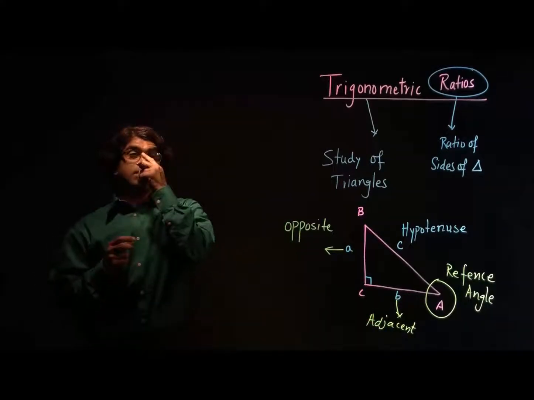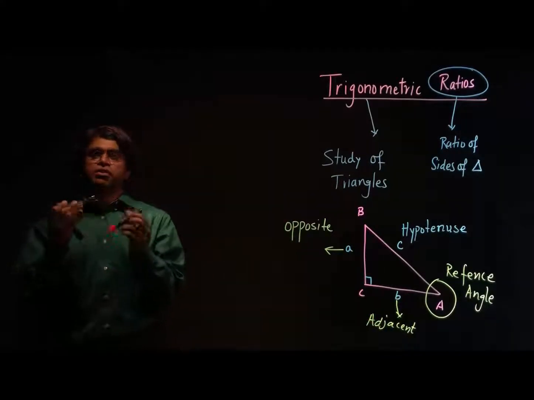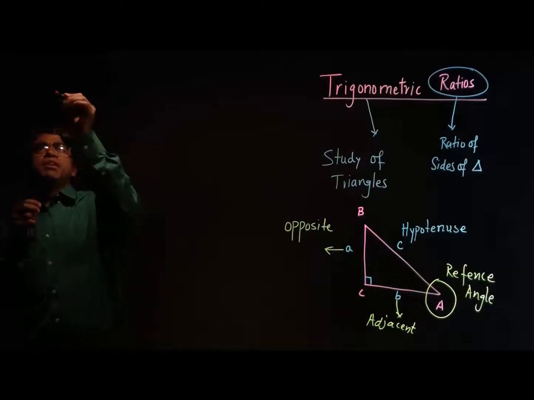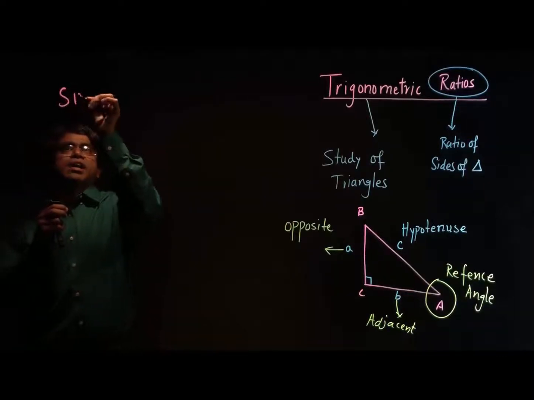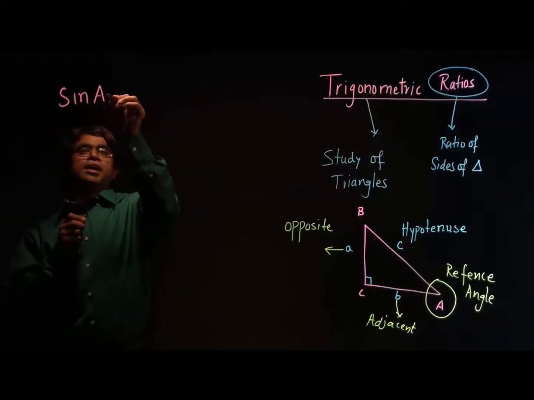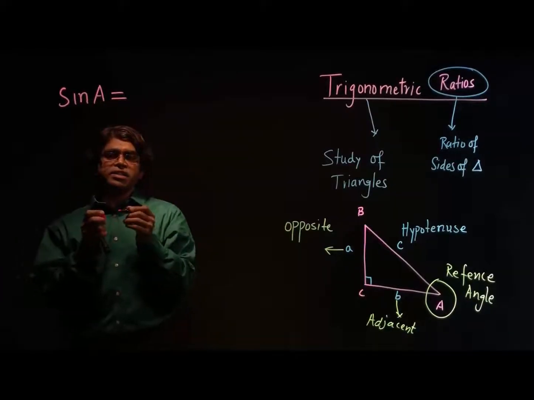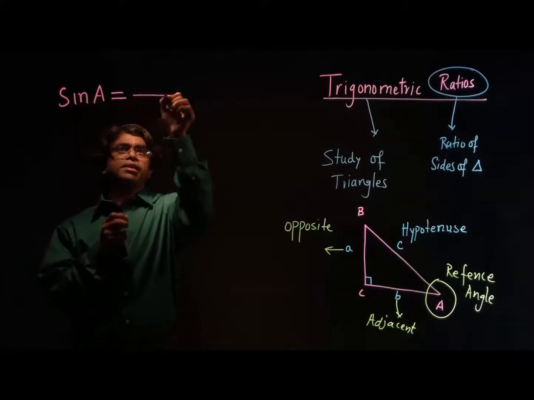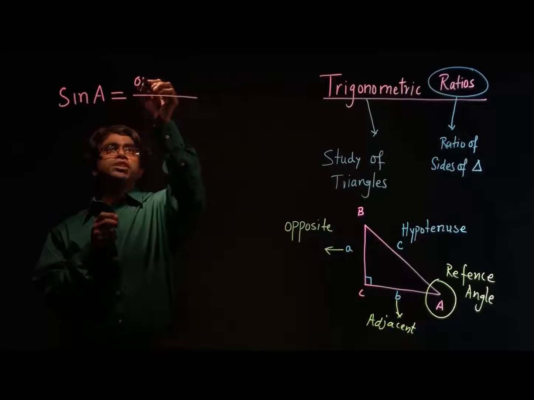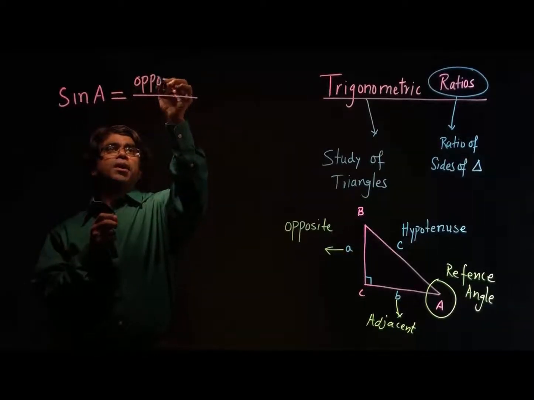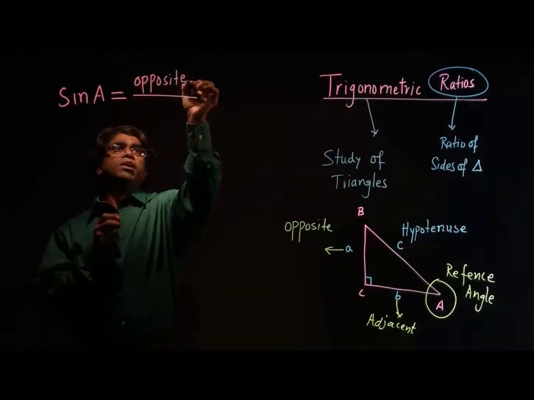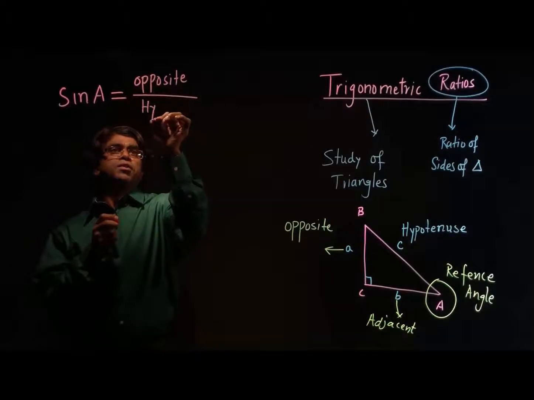Now, let's talk about our first trigonometric ratio. My first trigonometric ratio is sine A, and sine A is basically opposite over hypotenuse.